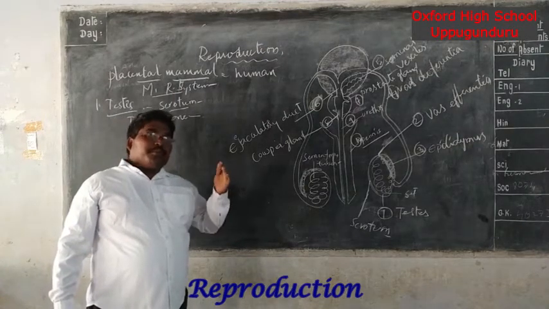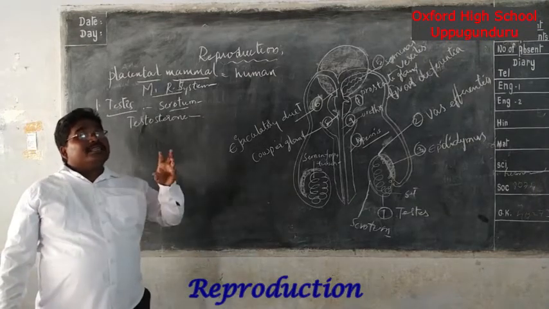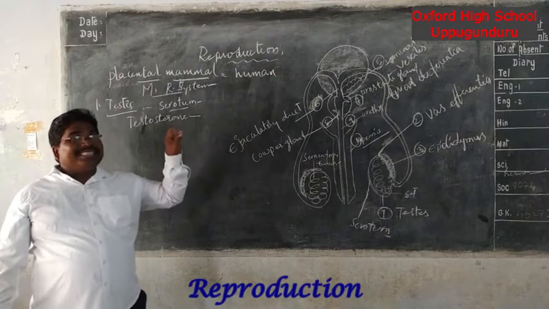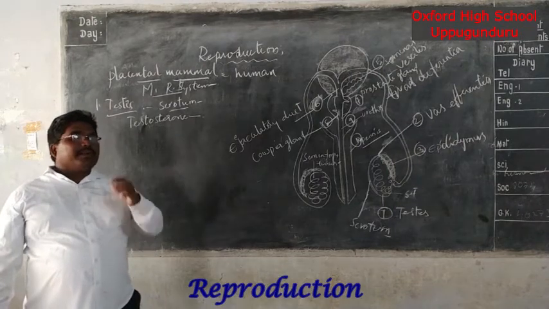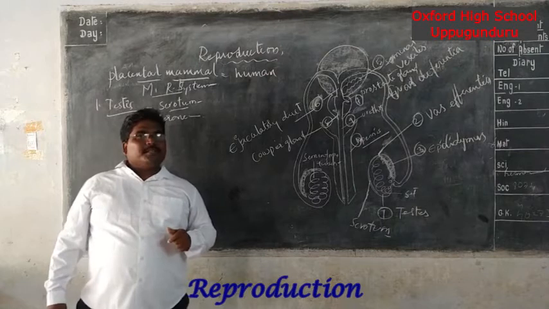The scrotum maintains the temperature of the testes, which is 2 to 2.5 degrees Celsius lower than the body temperature. Do you understand that? Because this temperature is very important for the formation of sperms.